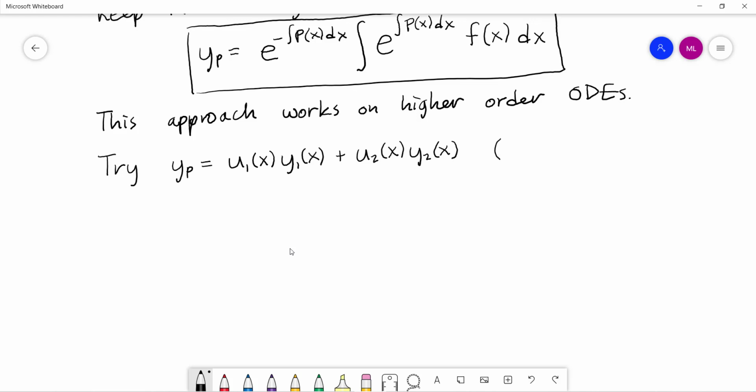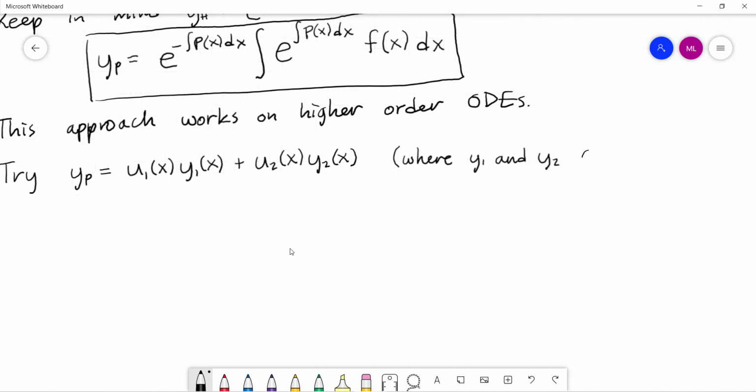So basically, the idea is that y1 and y2, in this case, are the solutions that make up y homogeneous.